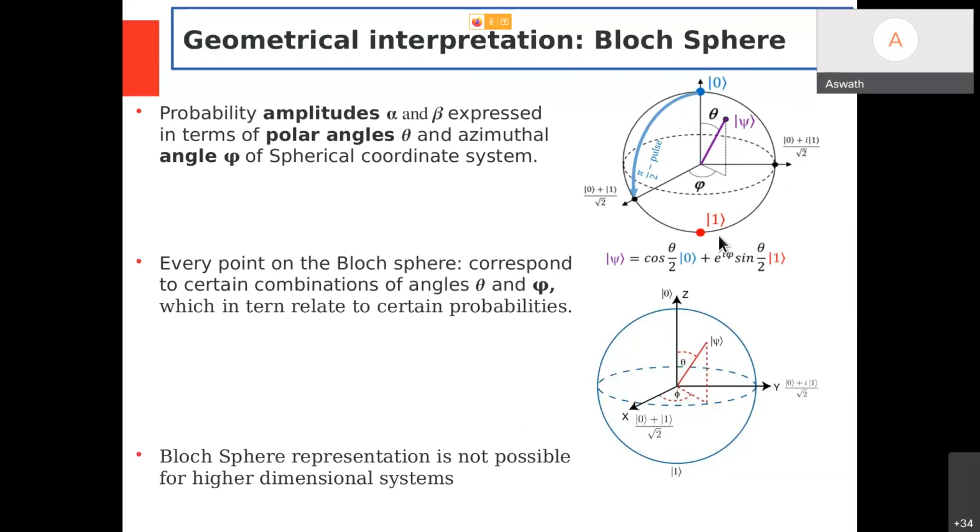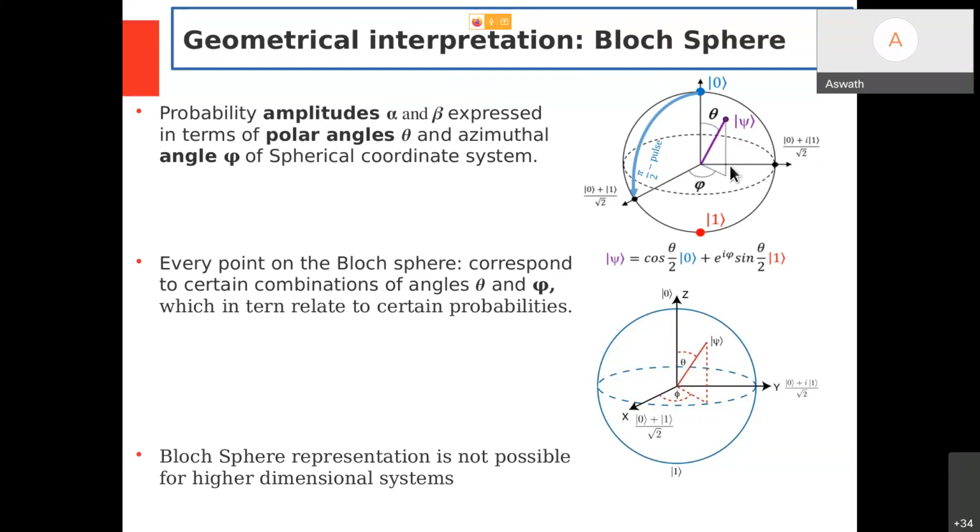Okay. So how will I connect? I will connect alpha and beta to some theta and phi, where theta is the polar angle and phi is the azimuthal angle, which exists on the equatorial plane, right? If I just slice this ball at the middle, I will have a disk, the equator.